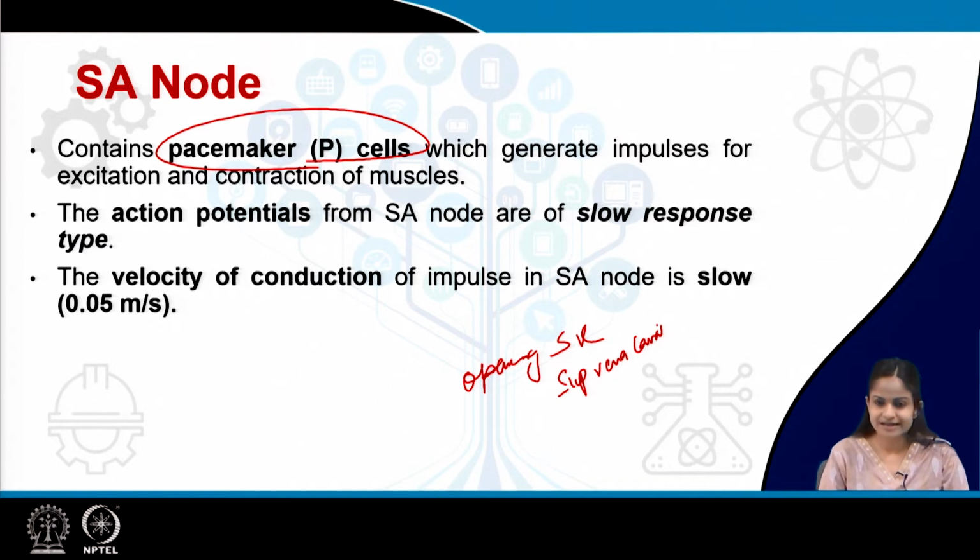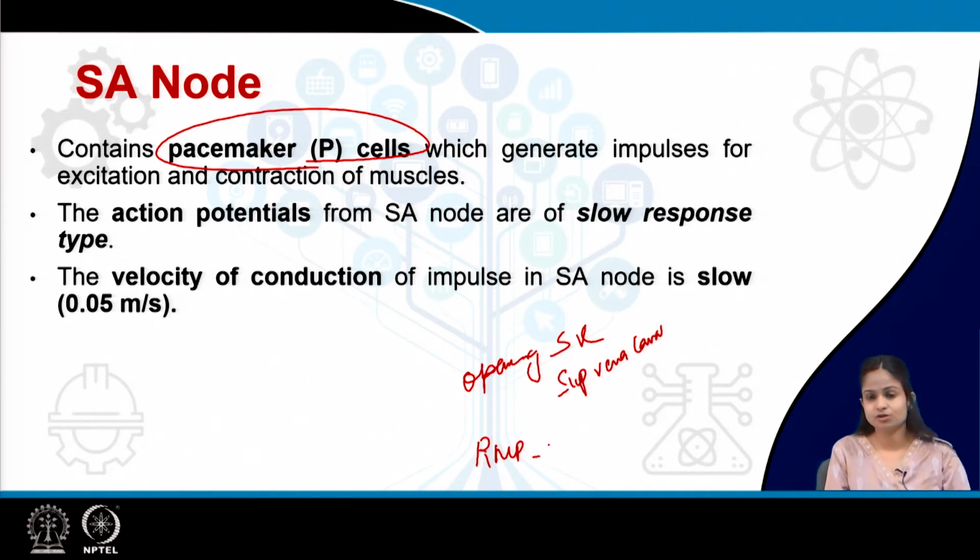This sinoatrial node has a diameter of 0.5 centimeter, and the action potentials from the sinoatrial node are of slow type. We also know the resting membrane potential of different muscles is different.